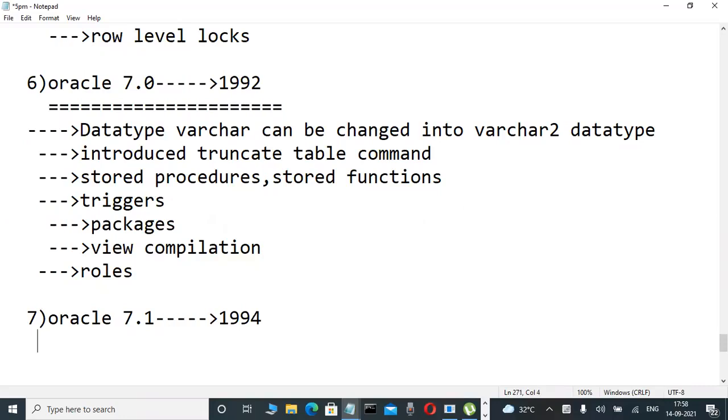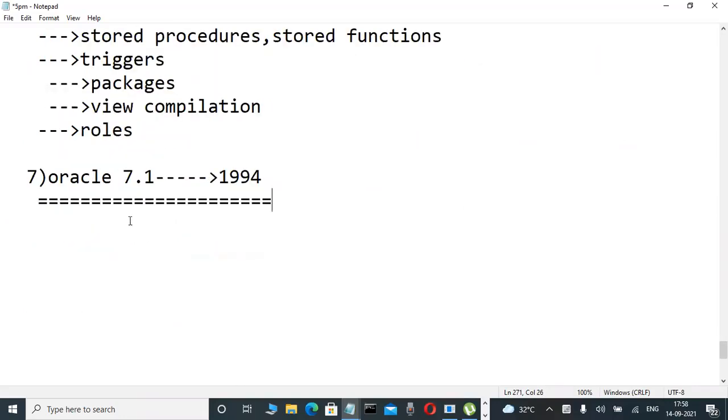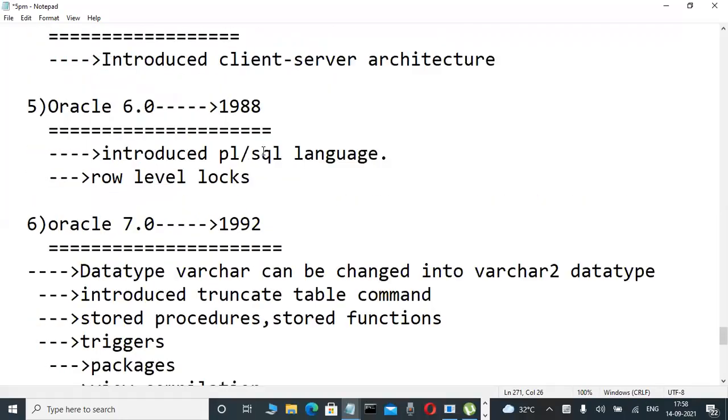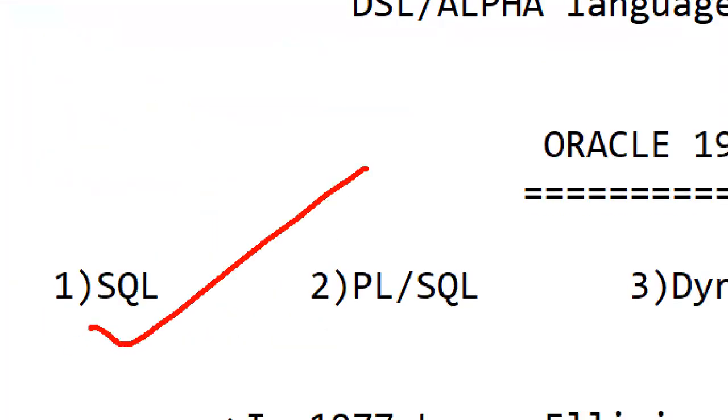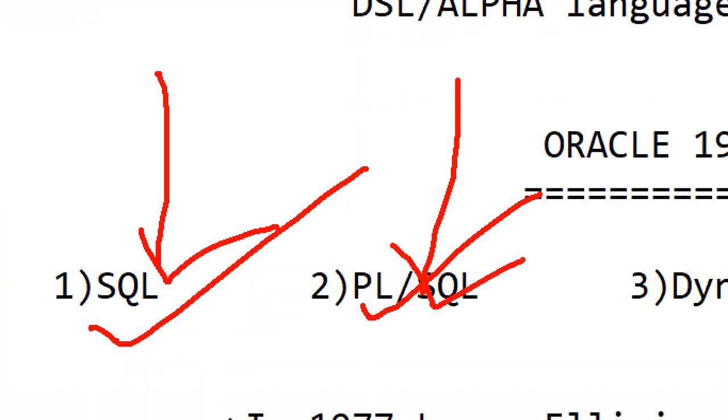The reason I am telling about the 7.1 version is that many fellows don't know it. Already I have said that in Oracle you are learning three languages. One is SQL, another one is PLSQL. SQL is there from the first version onwards, and PLSQL is there from 6.0 onwards.